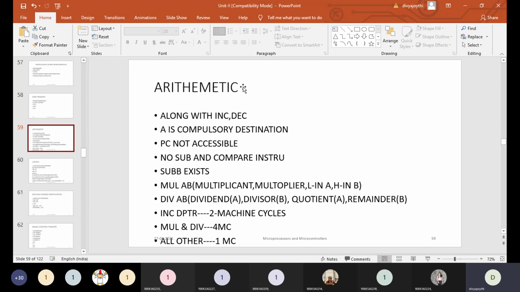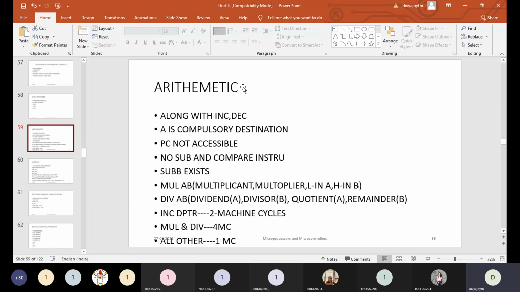Arithmetic instructions don't mean only plus, minus, multiplication and division. They also support increment and decrement, and these operations also come under arithmetic operations. And here the accumulator must be the destination register.